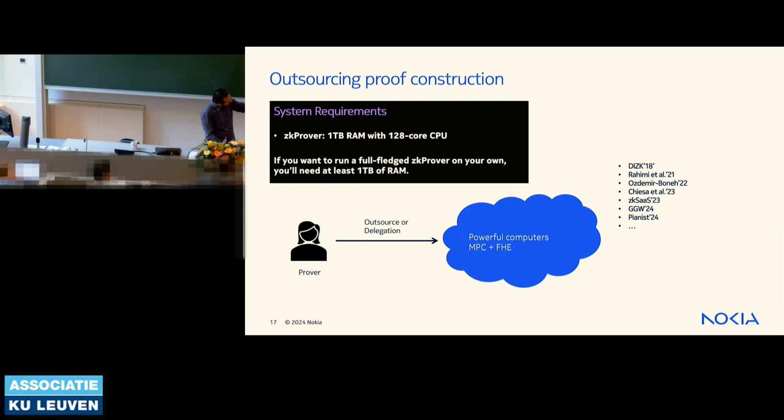And the same with Alessandro Chiesa et al. and zkSNARK: they have the same flavor of approach, but from GGW, and GGW started actually using homomorphic encryption for doing that. We are looking into that ourselves. And the last work that I put there is Pianist, in the Oakland conference this year, IEEE Security and Privacy.